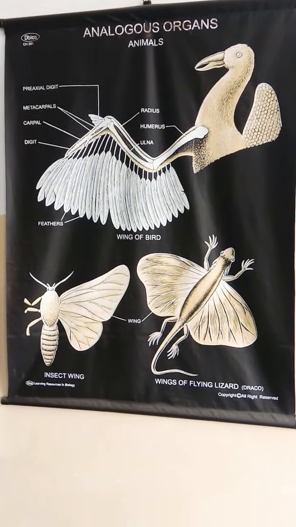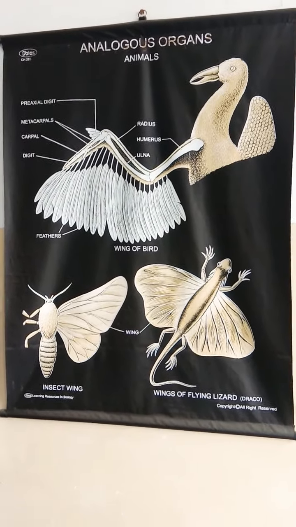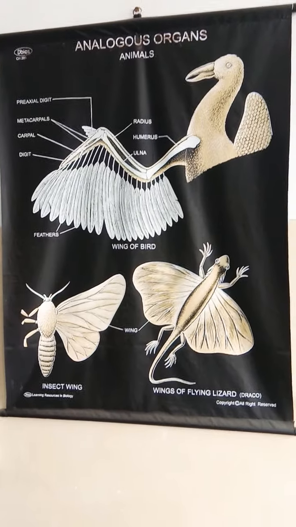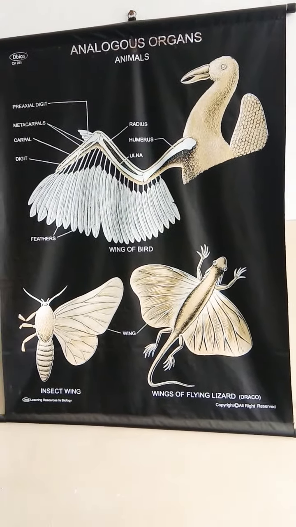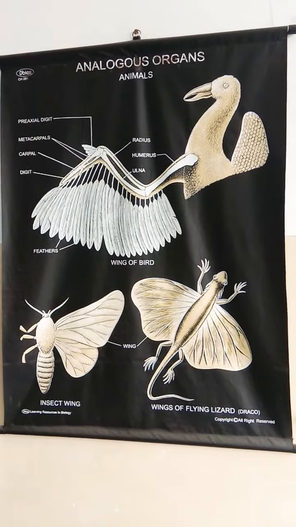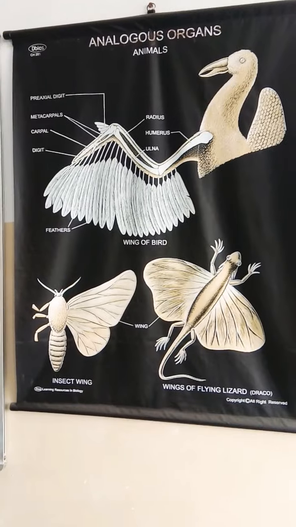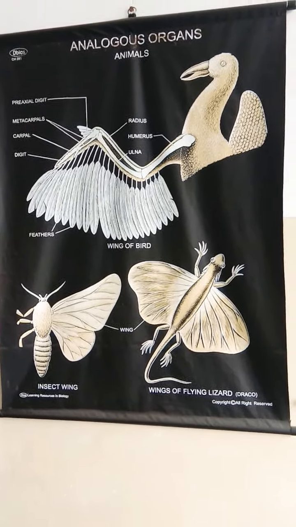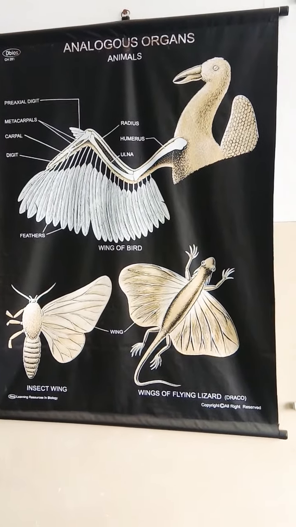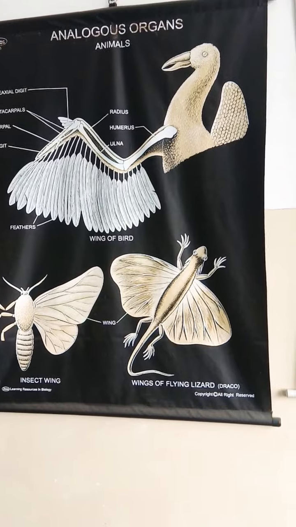Alright, so my dear students, in all three diagrams the wings are used for flying. Bird is using the wings for flying, insect is also using them for flying, and this flying lizard also uses its wings for flying. But the structure is different. So my dear students, we can explain analogous organs are the organs that have same function but different structure. So I hope you have understood the topic in case of animals.